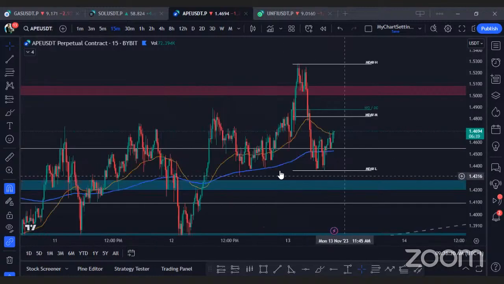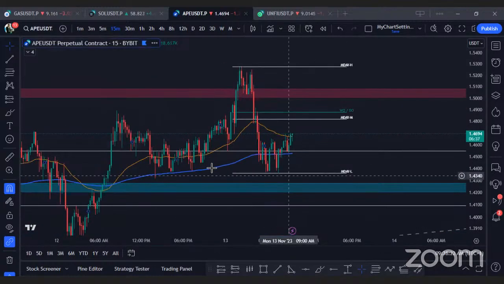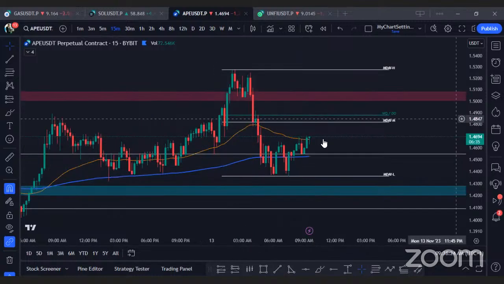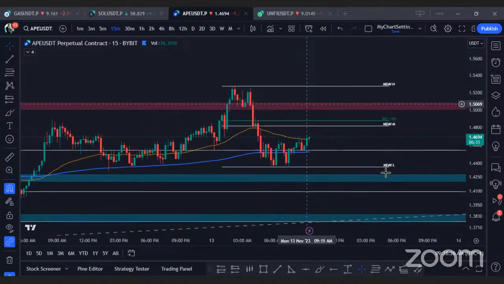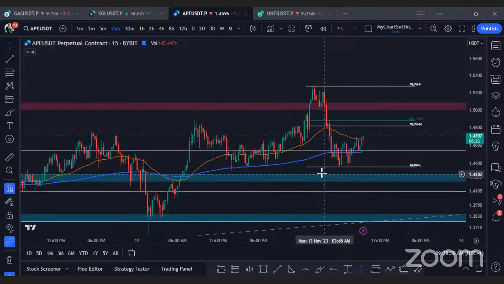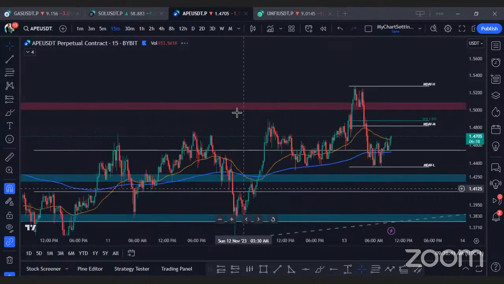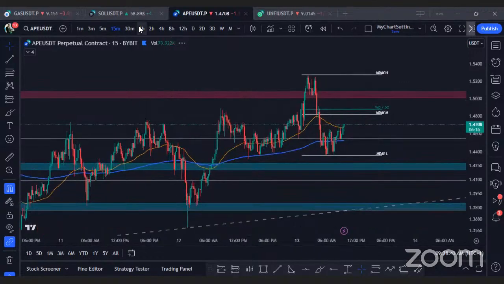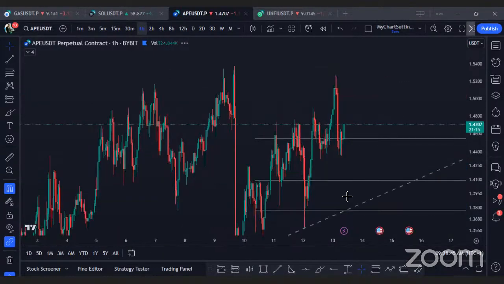If you want to, Lucy, if you want to trade this, you can go long and target the $1.5 level, and that should play out. But let's see, we need to wait if we do come down to that 1.42, 1.43. Those areas there will be a good area to be looking for a long trade for APE.